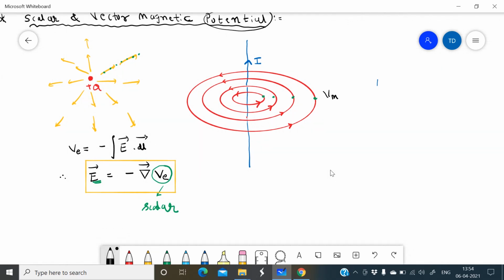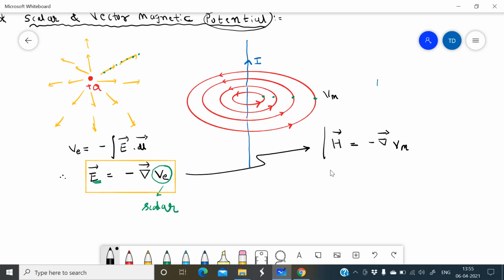V subscript m is called magnetic potential, so it is called the scalar magnetic potential. Similarly from this equation we can write H vector, which is magnetic field intensity. Here E is electric field intensity, H is magnetic field intensity, so H vector is equal to minus del Vm.